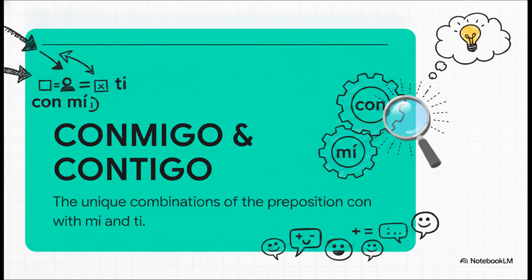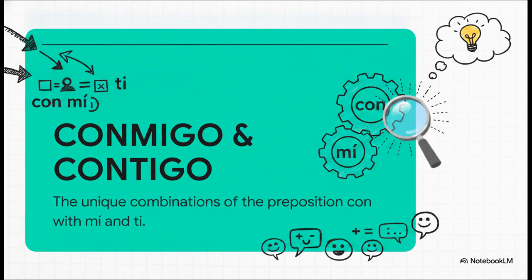The language simply doesn't allow it. Instead, they actually fuse together into this complete grammatical anomaly. Conmigo, meaning with me. And the exact same magic happens with ti. When con meets ti, they merge to become contigo, meaning with you. They become entirely new single words. It's an incredibly efficient quirk of the language, and honestly, they're just really fun words to say.